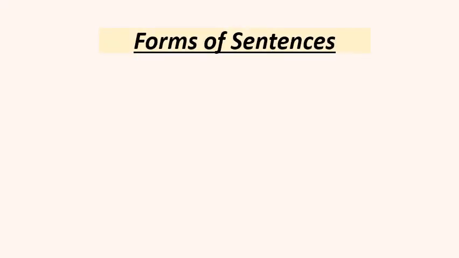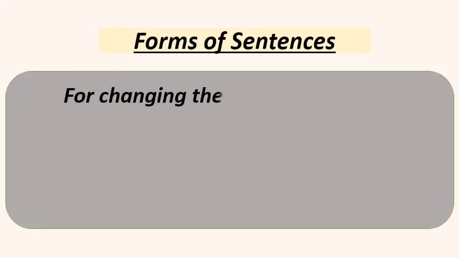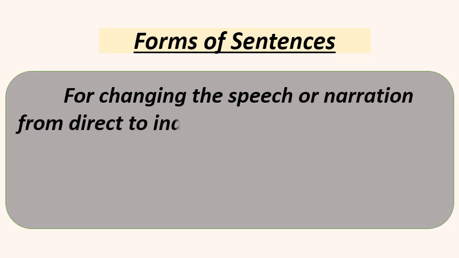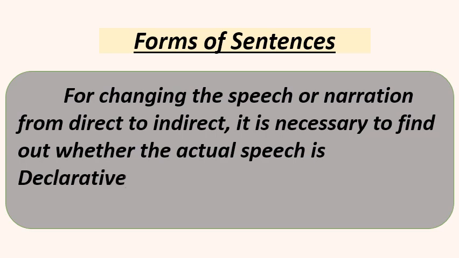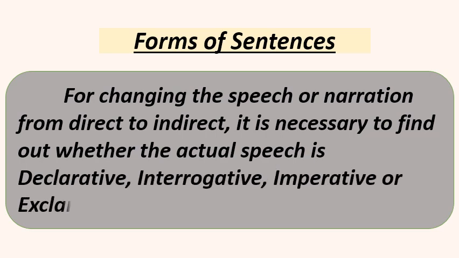Forms of sentences: for changing the speech or narration from direct to indirect, it is necessary to find out whether the actual speech is declarative or assertive, interrogative, imperative or exclamatory. For this, there are certain rules.